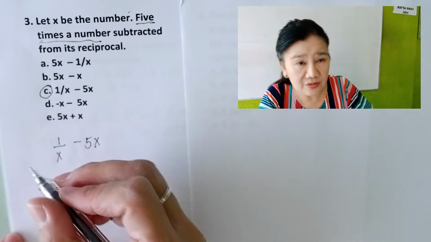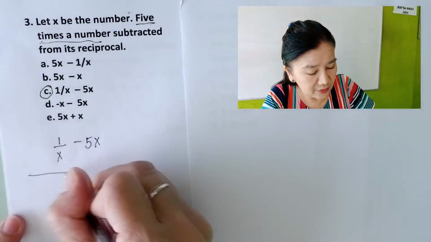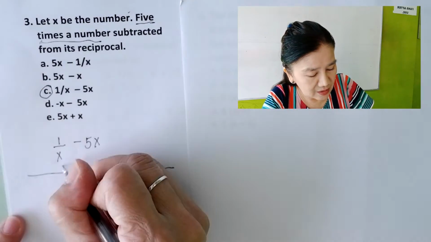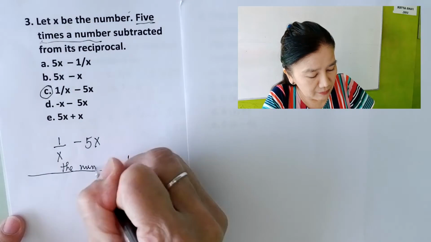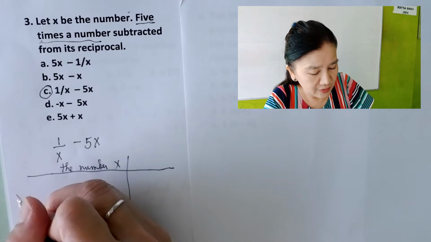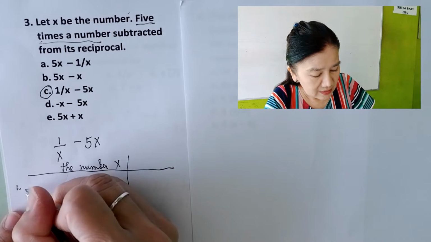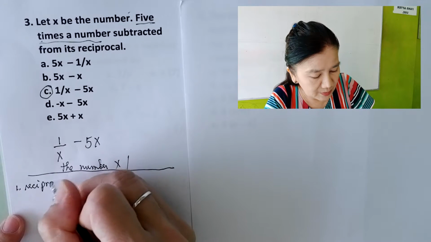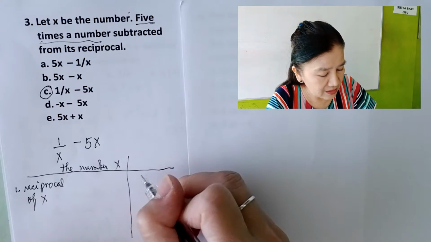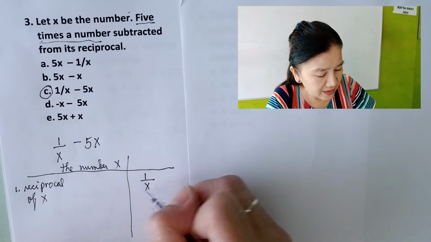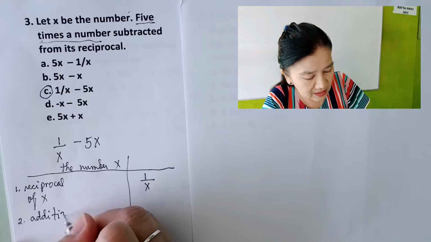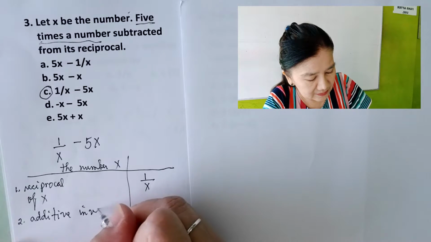Now, let us review different terms used for numbers. Let's say our number is x. For the first one, the reciprocal of x is 1 over x. What about the additive inverse?